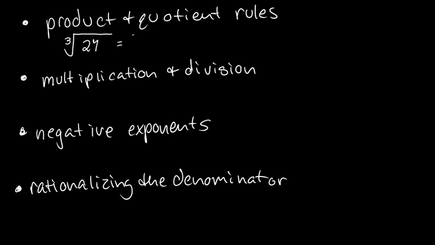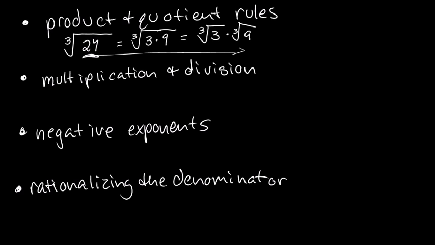Well, the product rule tells me that I can break 27 apart into any product. I can break this number into factors. So let's just say 3 times 9. That would mean I have the cube root of 3 times the cube root of 9. And the product rule going this way and going backwards is going to help us simplify numbers and get rid of some radicals if possible.